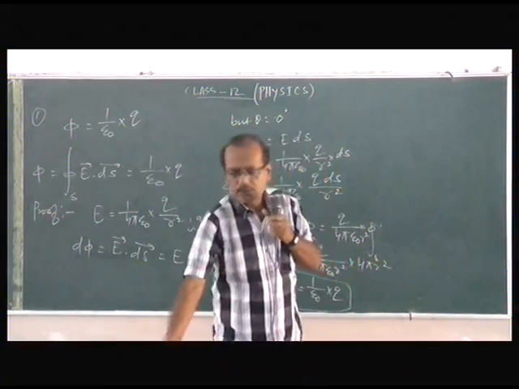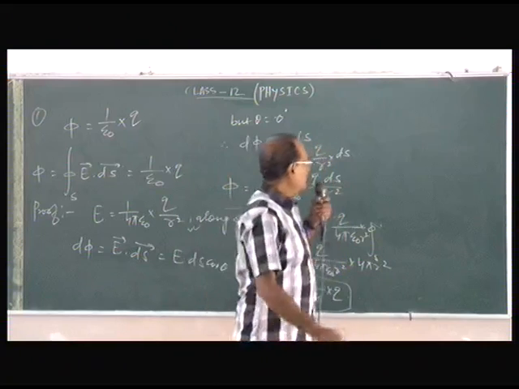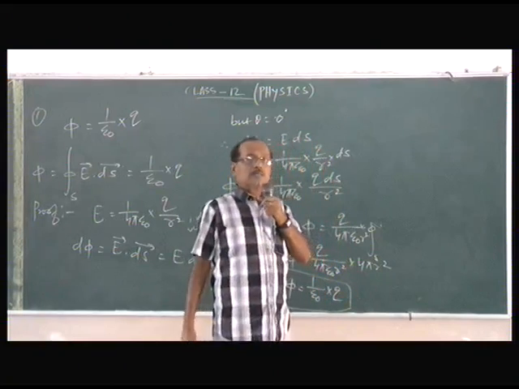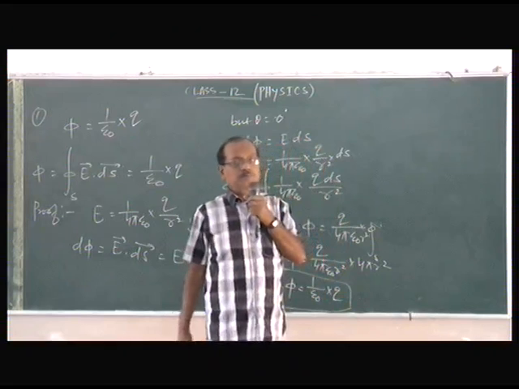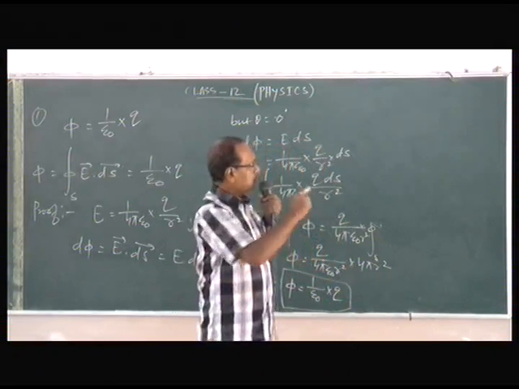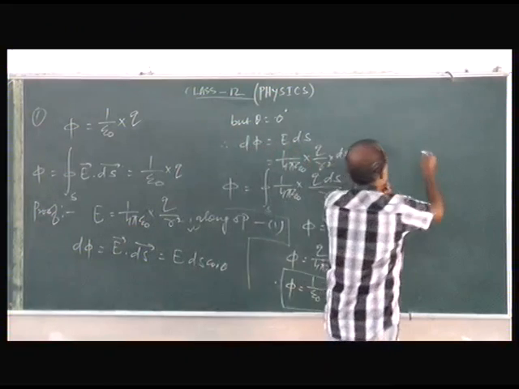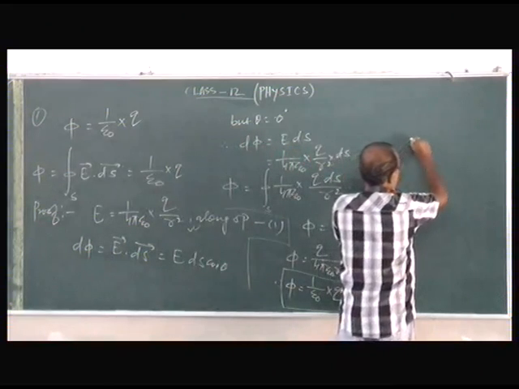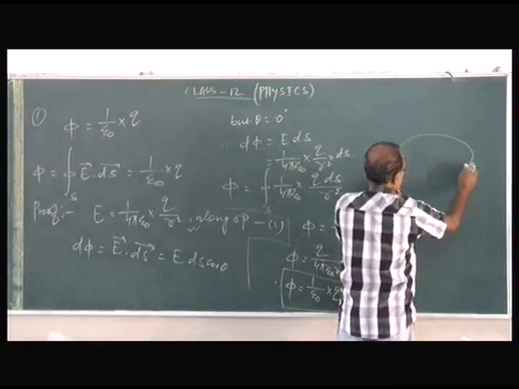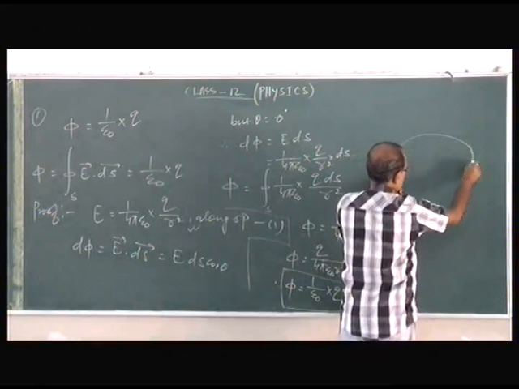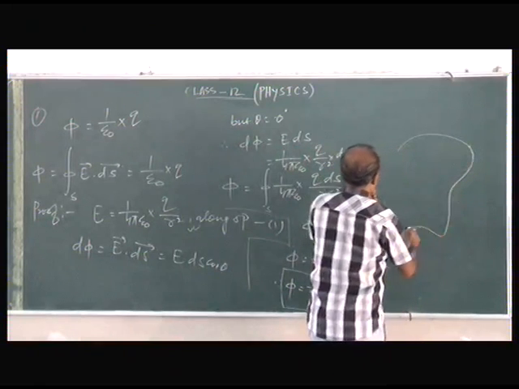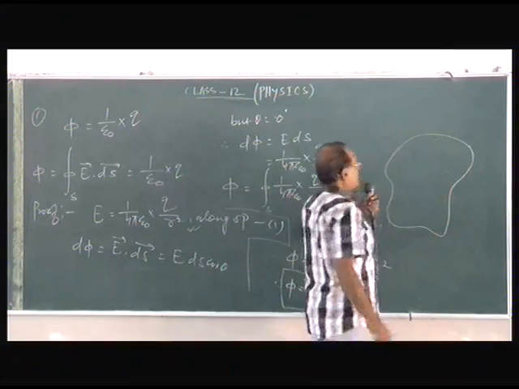Writing the regular one is better. If it mentions that it is for a surface of any shape, then you must do this one. Now I am taking a surface of any shape.